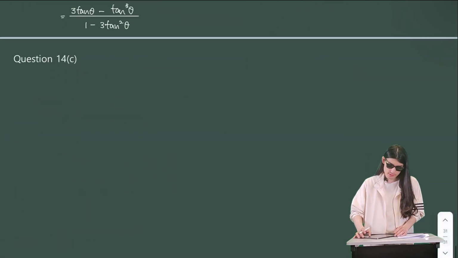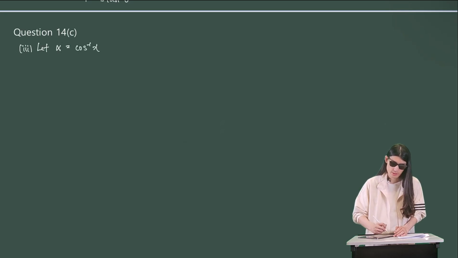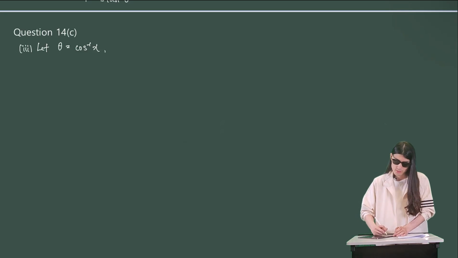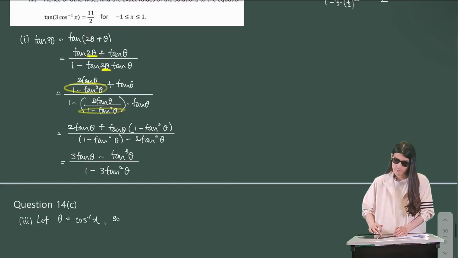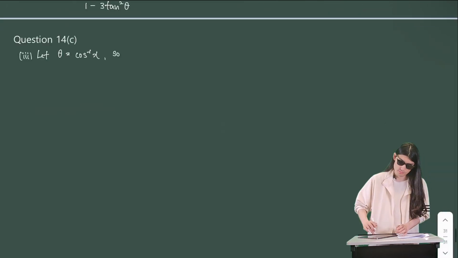Well, for that part, let me begin by letting theta equal to cos inverse x. So the equation that we have to solve can just be written as tan 3 theta equals 11 on 2.